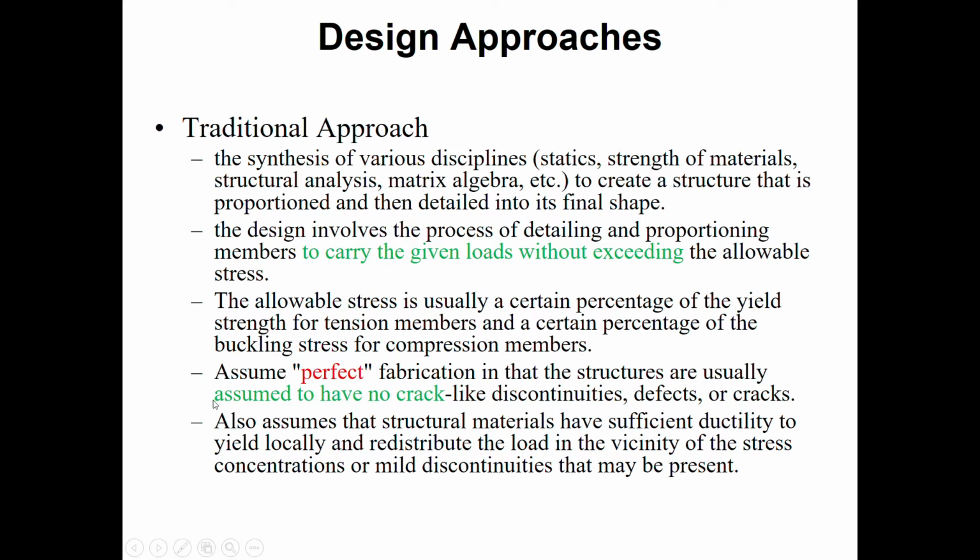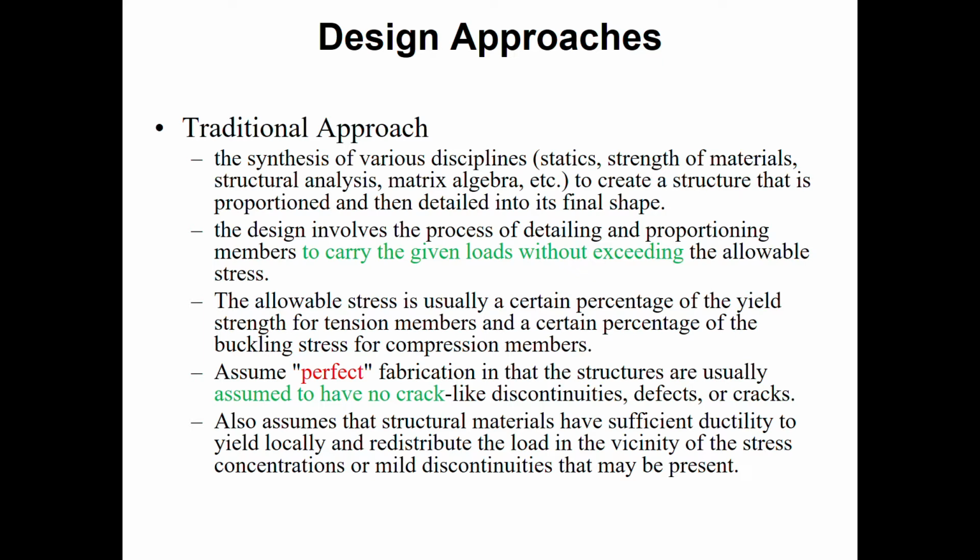The first one is to assume perfect fabrication, in that the structures are usually assumed to have no crack-like discontinuities, defects, or cracks. It means that the perfect fabrication is that the structure has no flaws. It is like a perfect geometry.